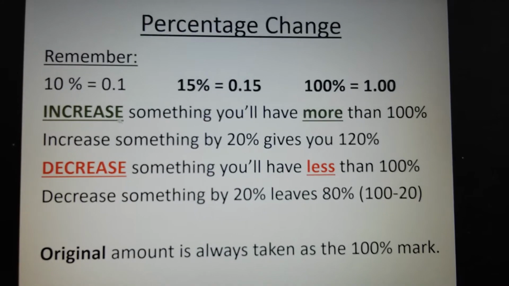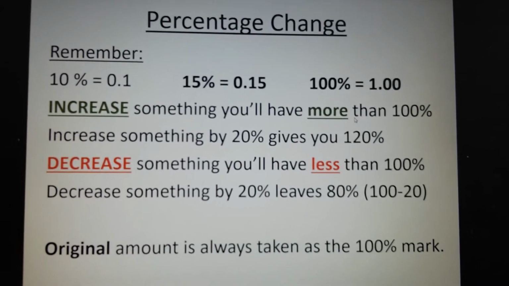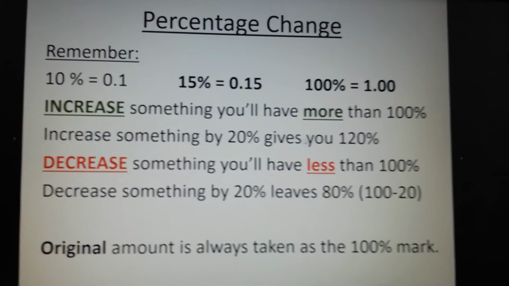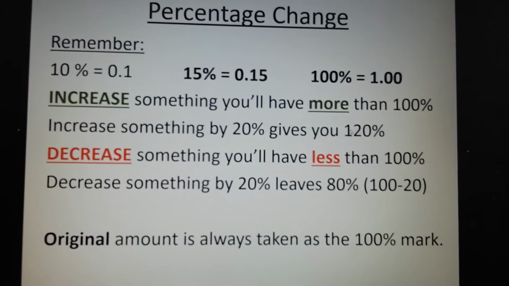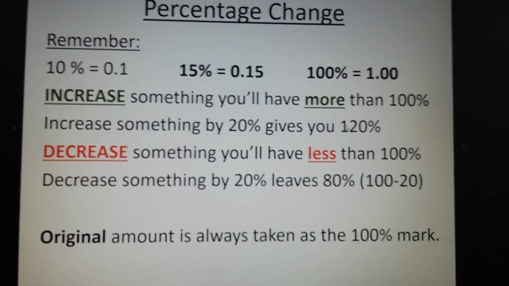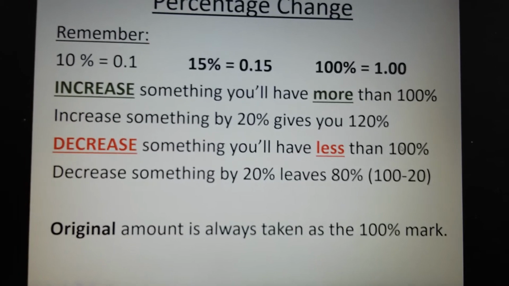If we increase something, we'll have more than 100%. So if we increase something by 20%, that is going to give me 120%, which as a decimal would be 1.2, like £1.20. If we decrease something, we'll have less than 100%.